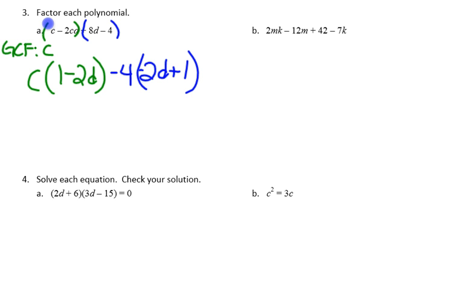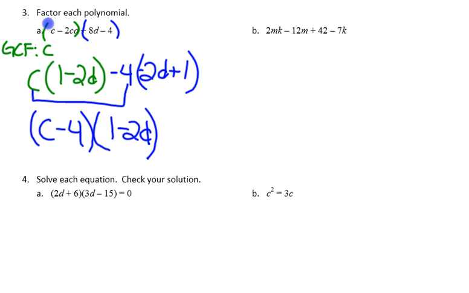These match, even though they're written backwards, negative 2D, positive 1. So I can then put the C minus 4 together. And I don't care if you write it as 1 minus 2D or negative 2D plus 1, it doesn't matter to me. And there are your factors.